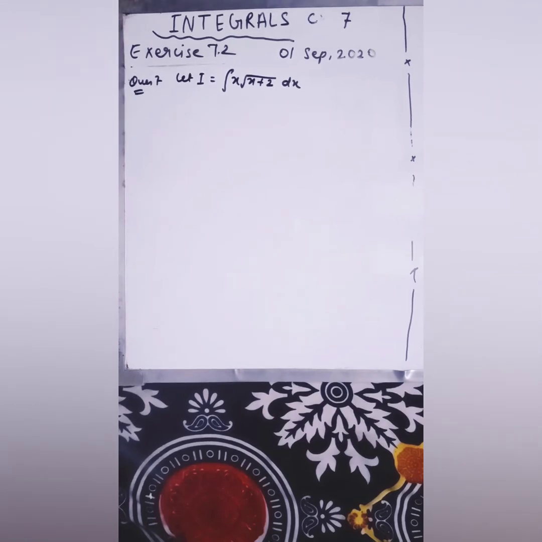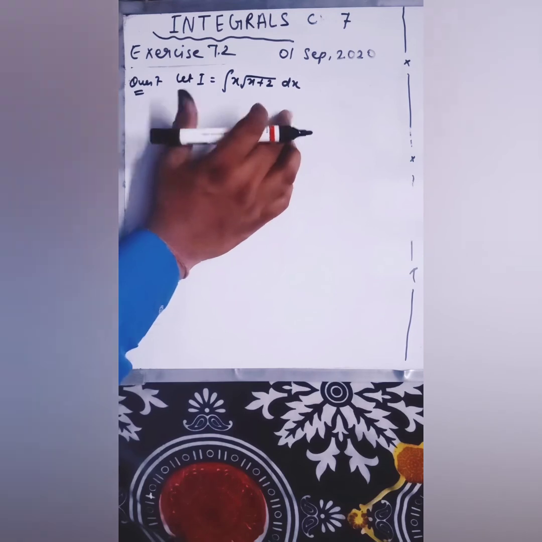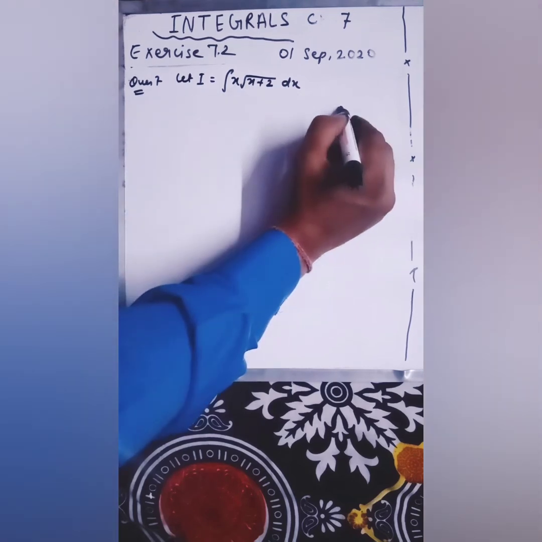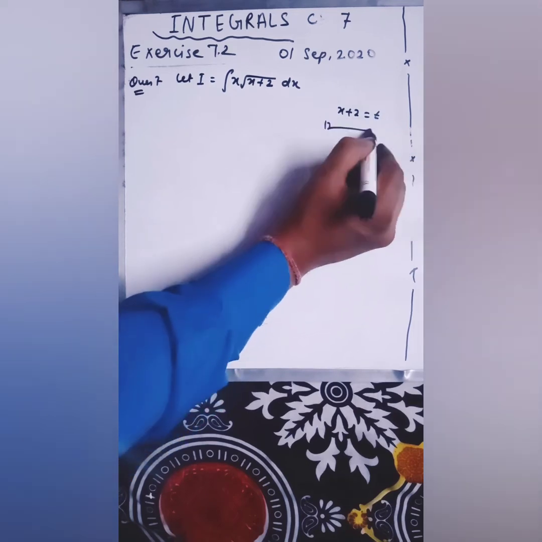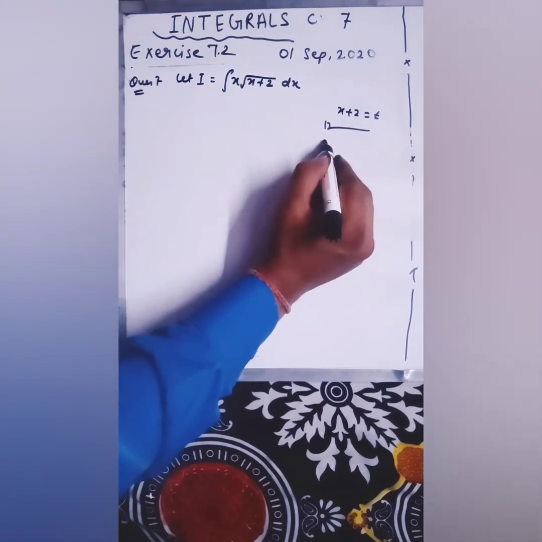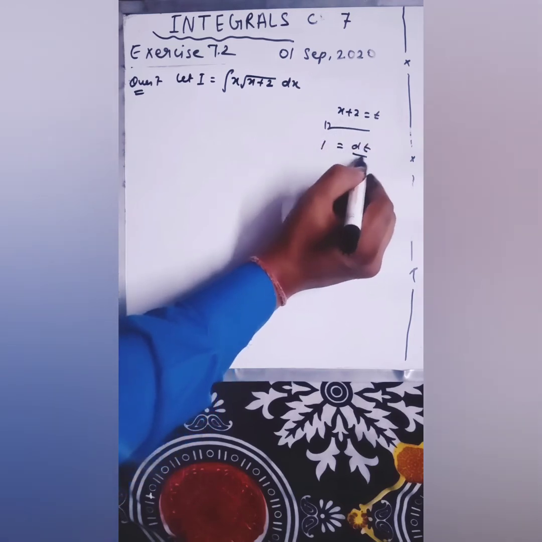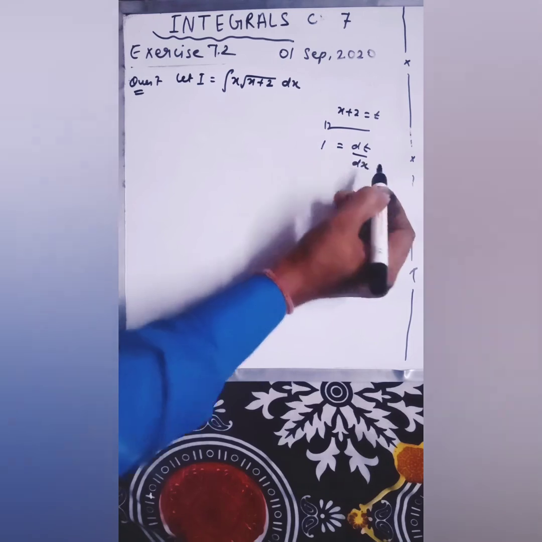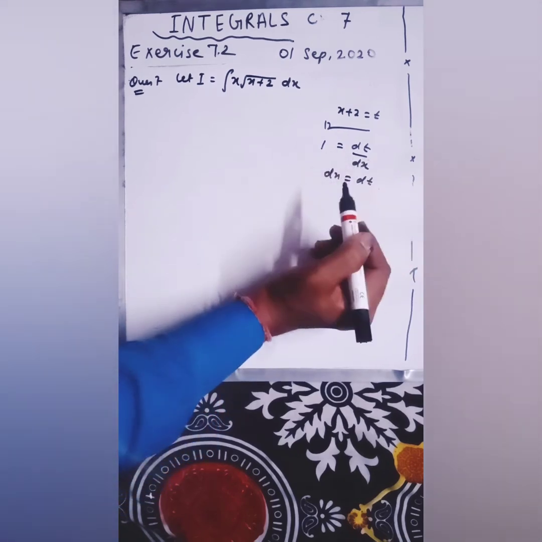Now here is your question number 7. In this question, we are assuming that x plus 2 is equal to t, differentiating both sides with respect to x. So you will get 1, the derivative of 2 will be 0, and here you have to write dt over dx. So your dx will be equal to dt when you cross multiply.